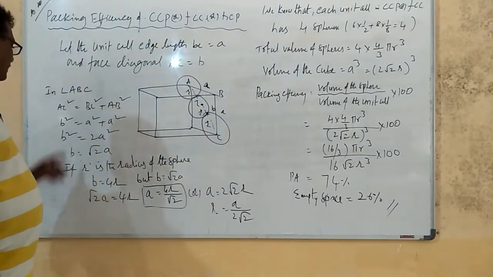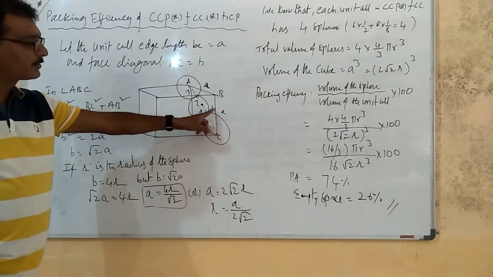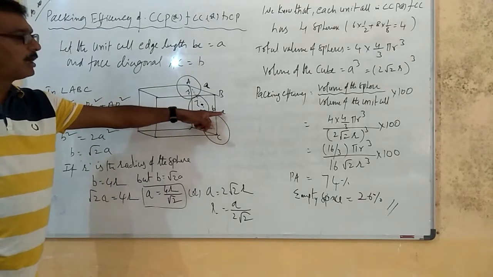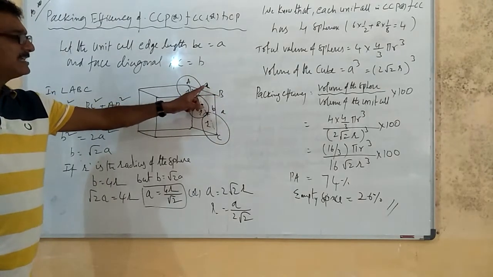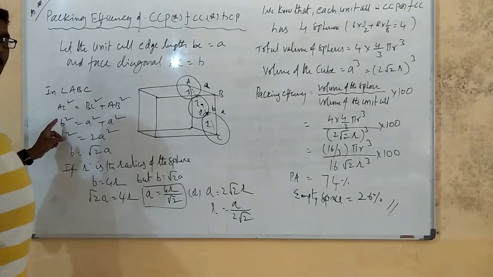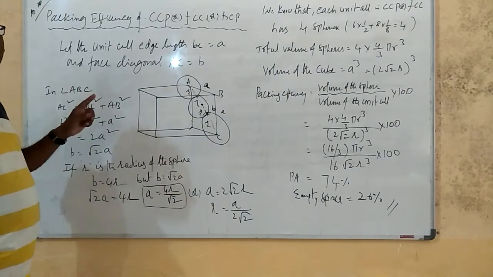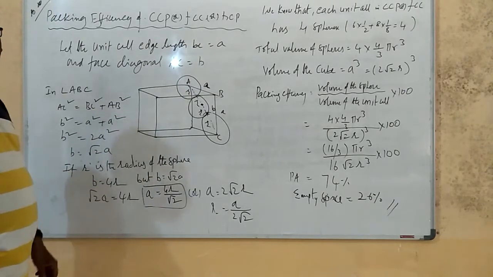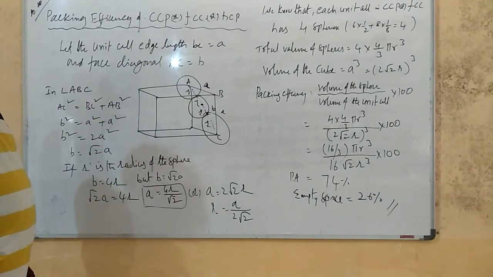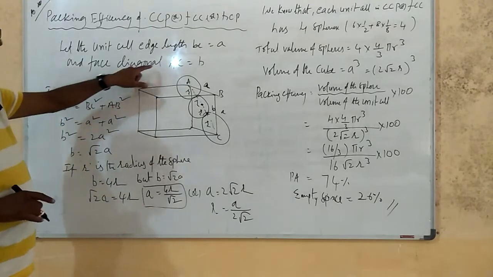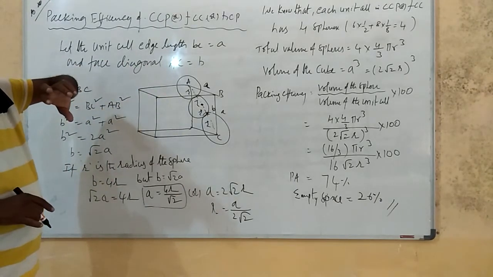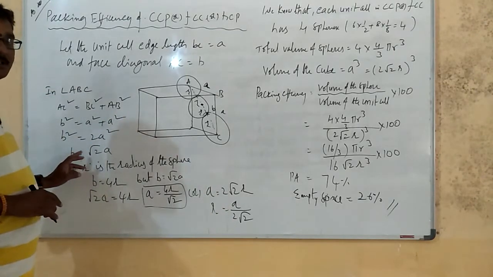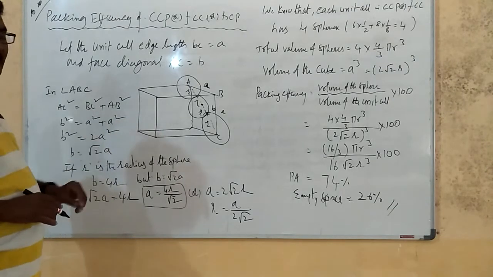AC square is edge length b square, BC is equal to A, and AB is equal to A. Therefore, b square is equal to A square plus A square, so b square is equal to 2A square. b is equal to square root of 2 into A. That b is nothing but the face diagonal AC. Therefore, here the formula is b is equal to square root 2 into A.